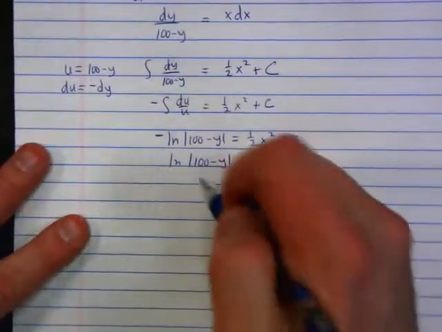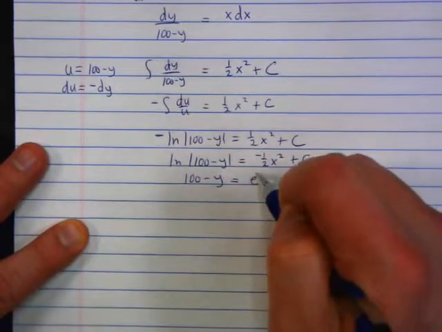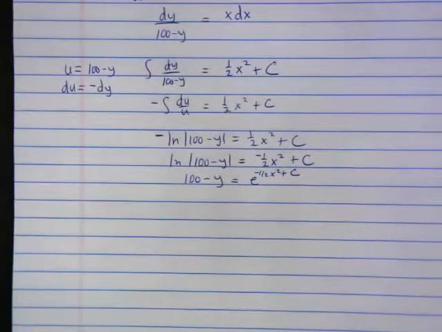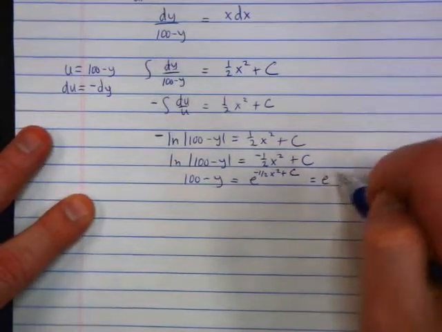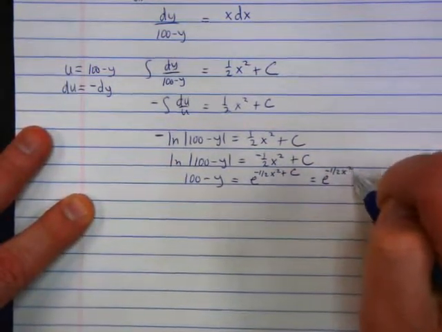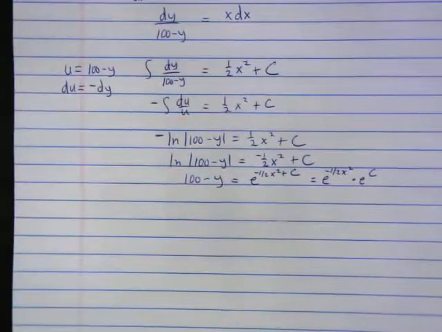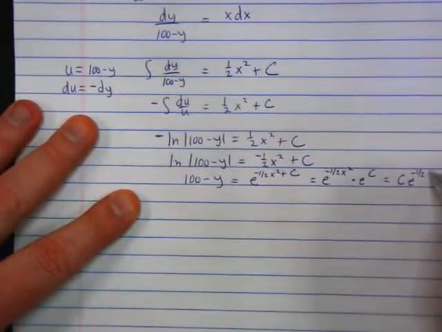E's on both sides. 100 minus y equals e to the minus 1/2 x squared plus c. And then I'm going to do the exact same trick as I did last time. I'm going to split that e up. I'm going to write this as e to the minus 1/2 x squared times e to the c. And then e to the c I'm going to call c. So that's c e to the minus 1/2 x squared.